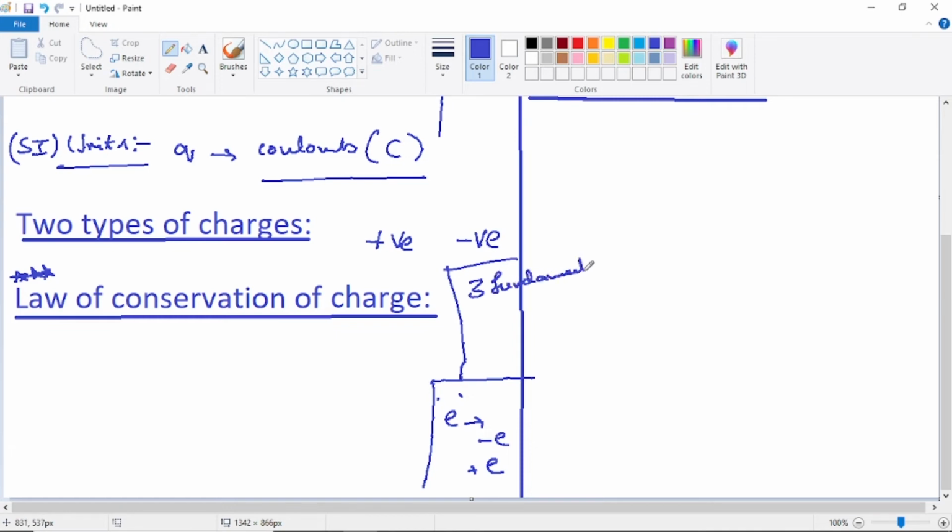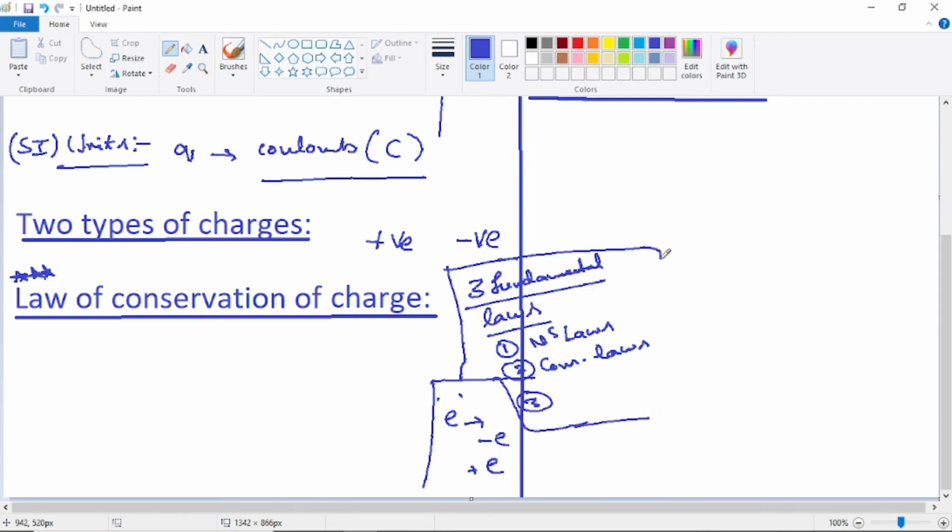I'm just explaining this as a general point. Three fundamental laws exist in nature. What are the three fundamental laws? One is Newton's laws. Next is conservation laws. There are three Newton's laws we know. The second law, F is equal to ma, is the most important law. This is a very simple thing, but always useful.